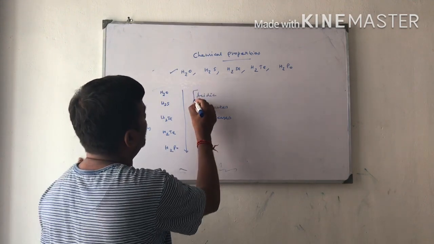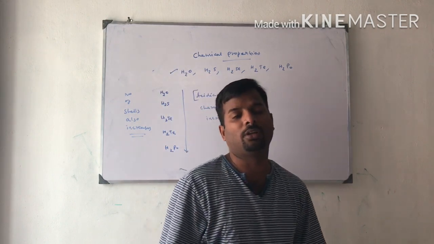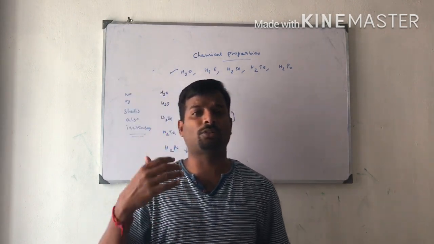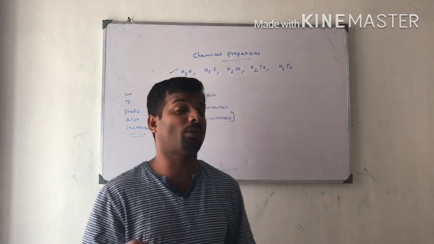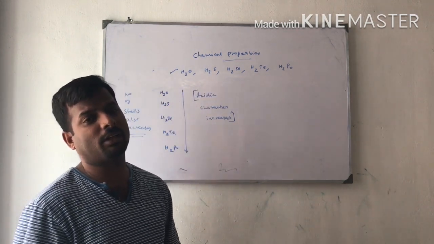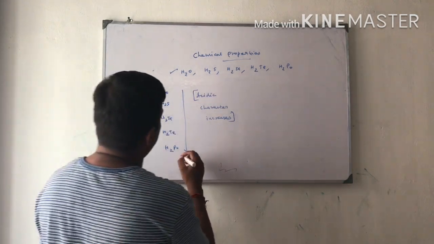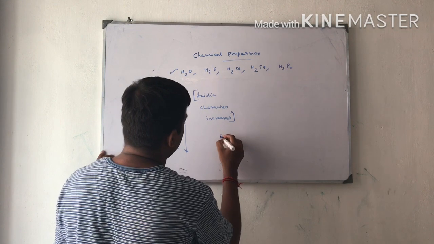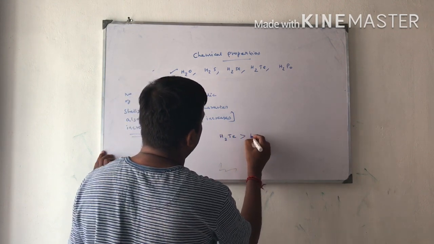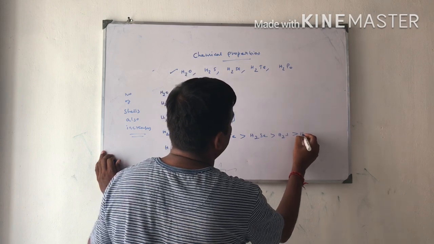What is acidic character? It is the giving of hydrogen. What is an acid? An acid is one which donates hydrogen, which furnishes hydrogen readily with water. That is the thing we learned in 10th standard. So here also, H2Te is more acidic than H2Se, then H2S, then H2O.